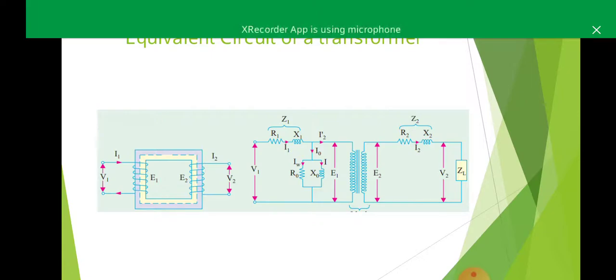In the coming lecture, we are going to discuss this equivalent circuit diagram in detail and also draw its phasor diagram, where we can find the relationship between these different parameters of a transformer.